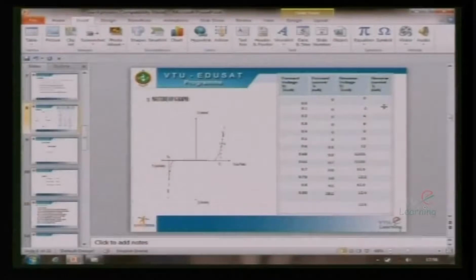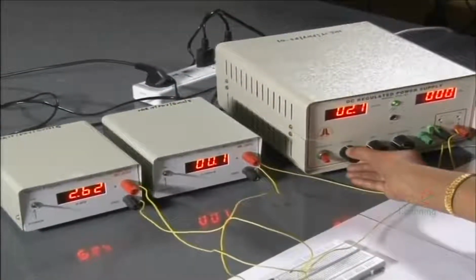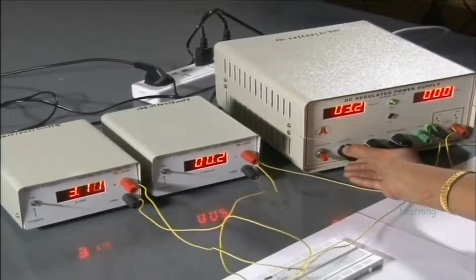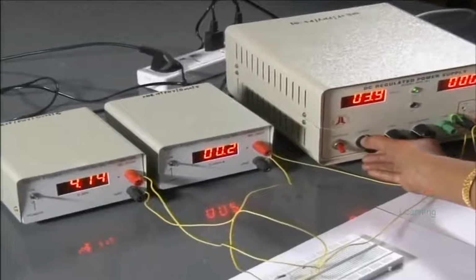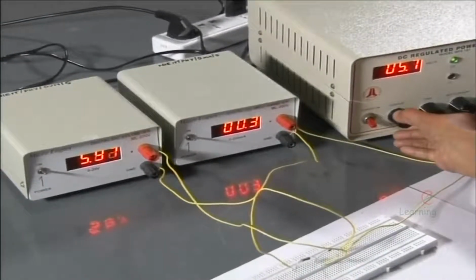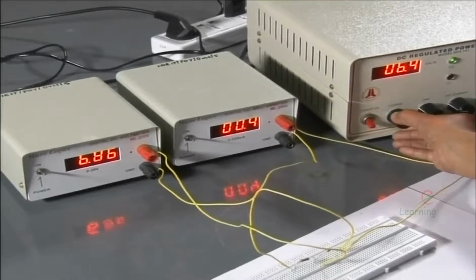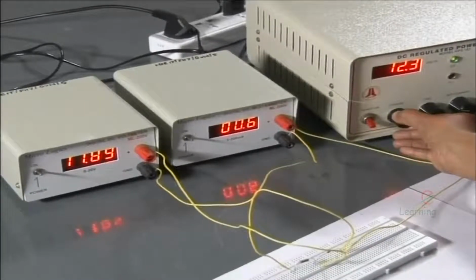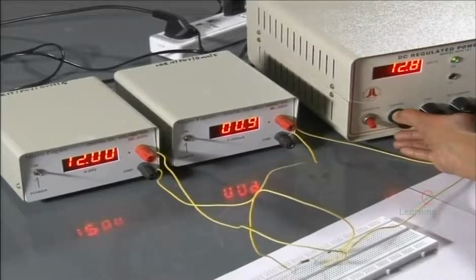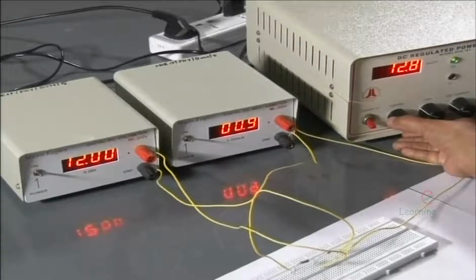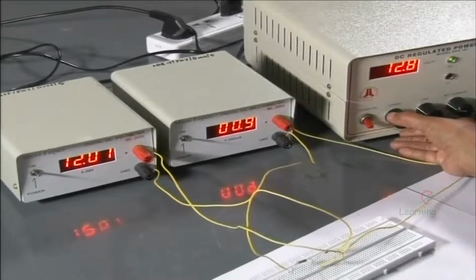You observe that for lower voltages, 1 volt, 2 volt, the current through the junction remains almost the same, 0.2 milliamps, 0.3 milliamps, and so on up to 12 volts.